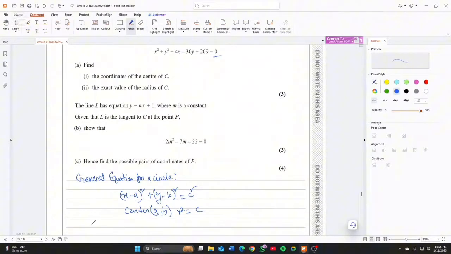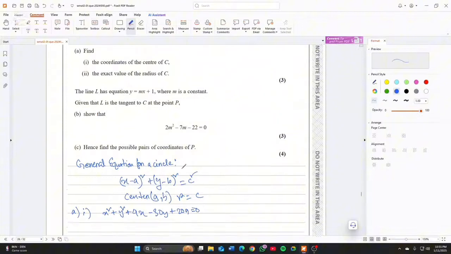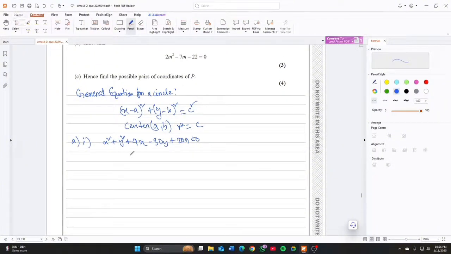The given equation is x squared plus y squared plus 4x minus 30y plus 209 equals 0. From here we take the x terms and y terms to one side, so x squared plus 4x plus y squared minus 30y will be equal to minus 209.